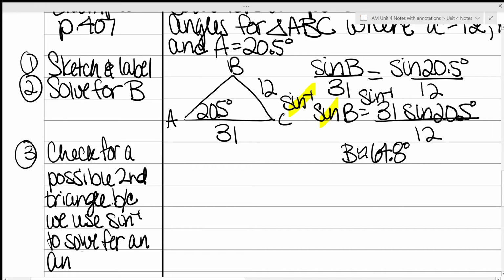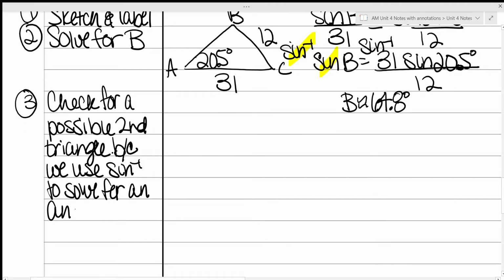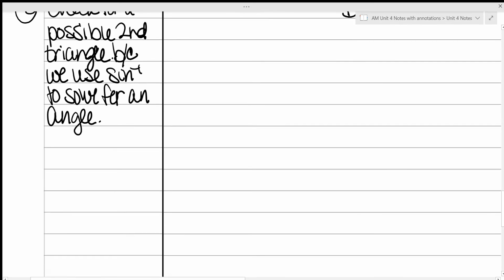So you really want to avoid using the inverse whenever possible. The reason this happens is because sine inverse only has values from -1 to 1.